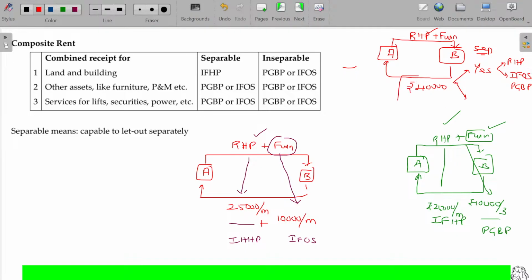Here the value seems to be collectively given, not segregated for the house property and furniture separately. But if it is possible, letting out the residential house property may be separate and furniture may be separate. If so, it's your duty to segregate that 40,000, the residential house property separately and the other sources or business separately, and treat accordingly. No, sir, I cannot let out separately. You need to take it as it is.